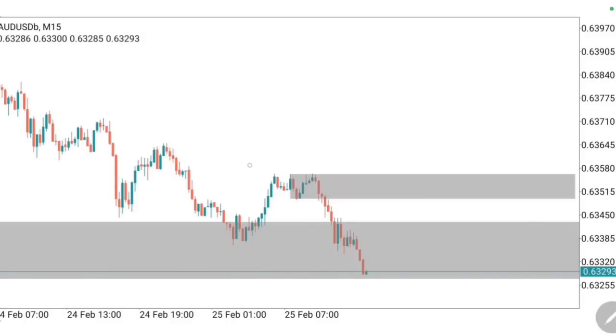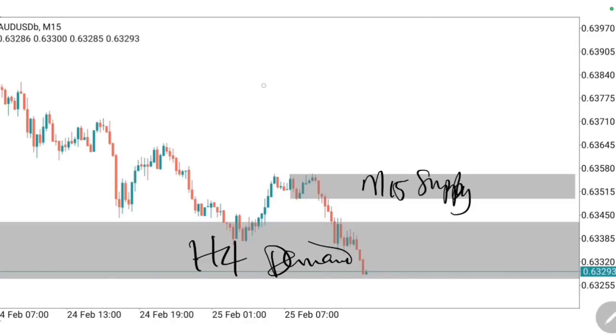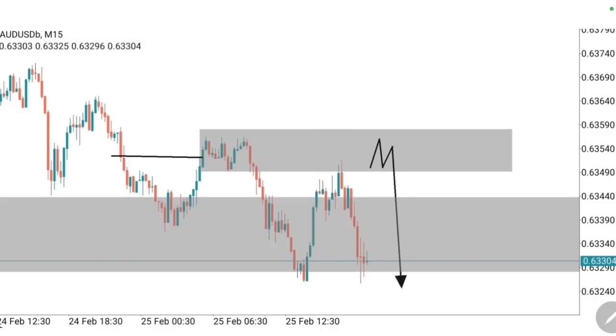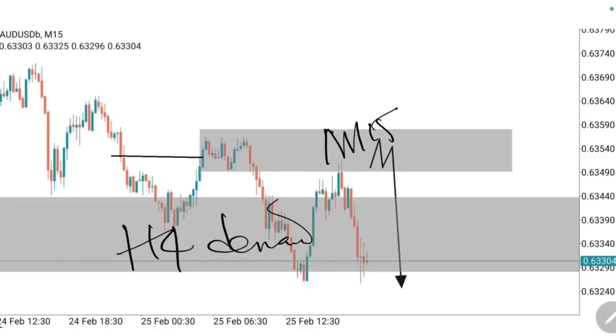So you can see here, this was our setup on M15. This is our 4-hour demand zone, and this is our 15 minutes supply zone.